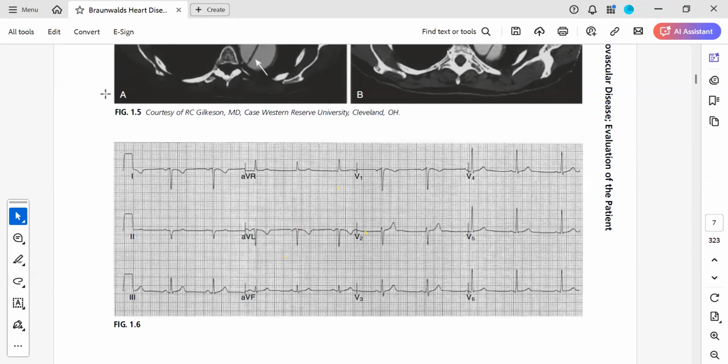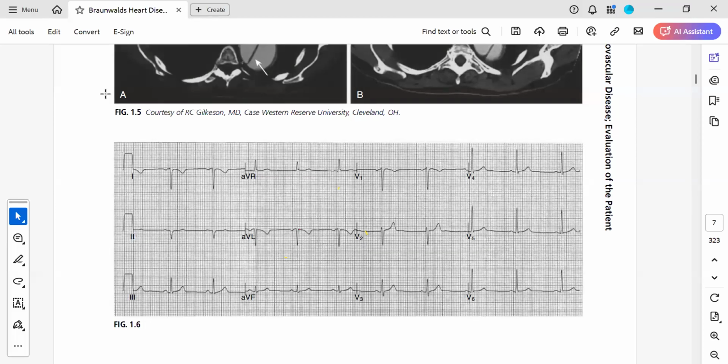Using the Einthoven triangle, the LA and RA give lead 1, then the RA and the foot will give us lead 2, and then the LA and the foot will give us lead 3.